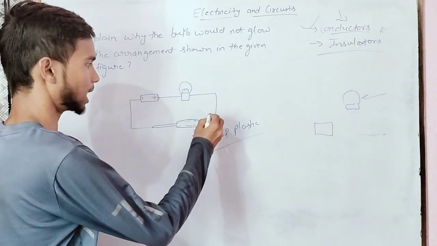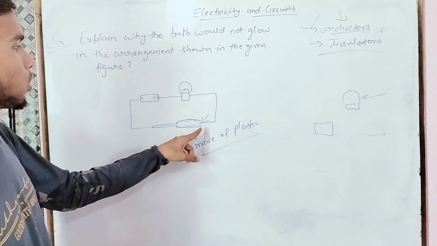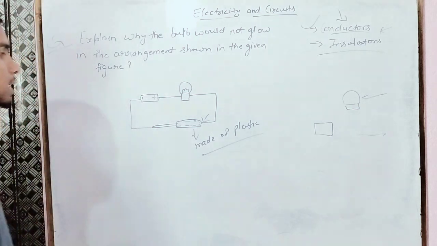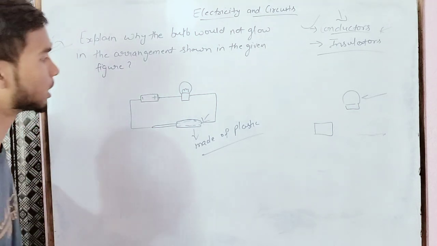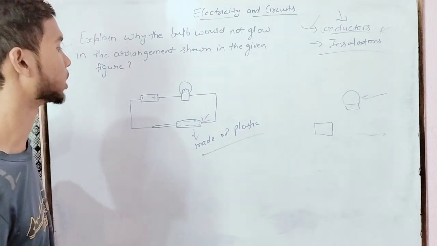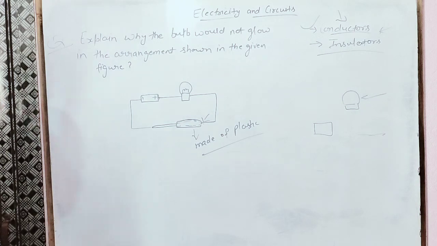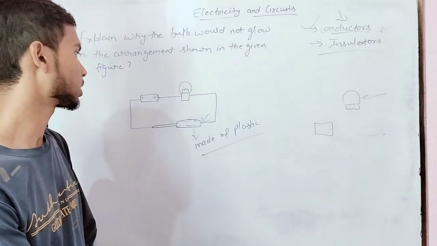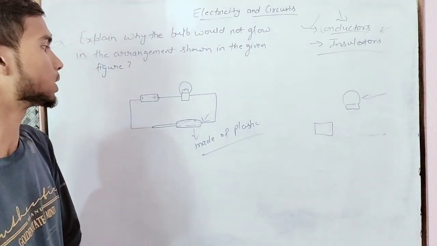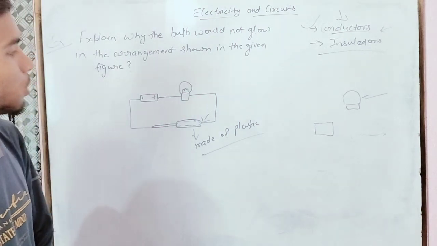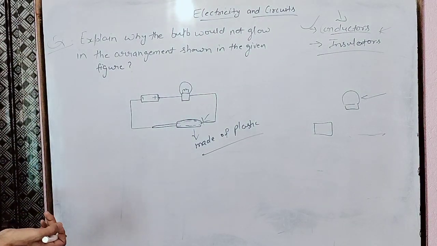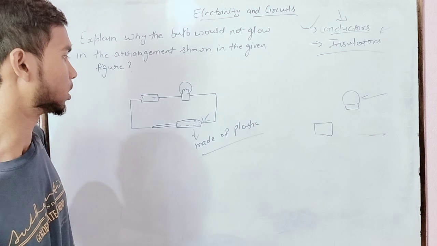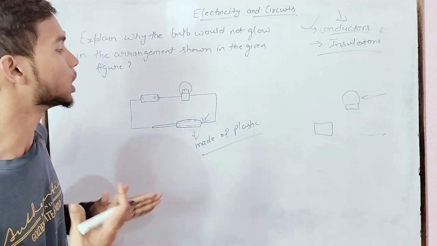So that is the reason the bulb will not glow, because this is connected to an insulator. Instead it should be connected to the conductor material instead of connecting to the insulator material.